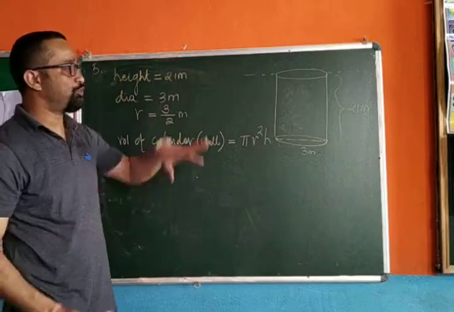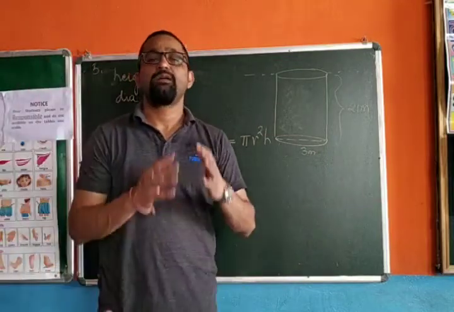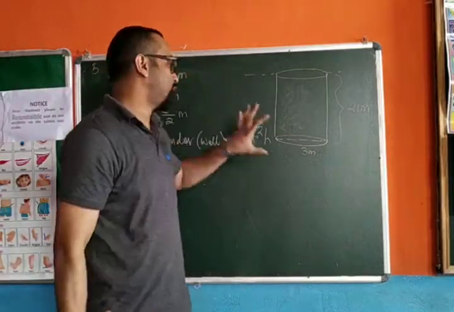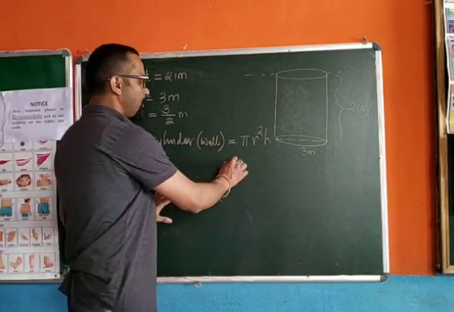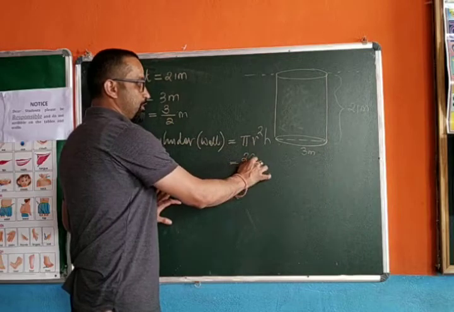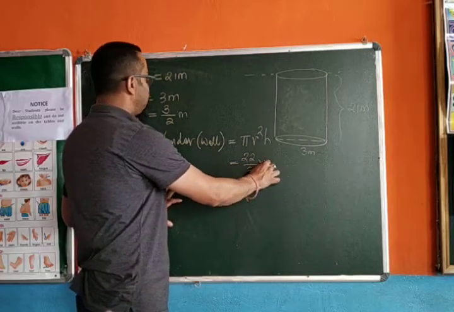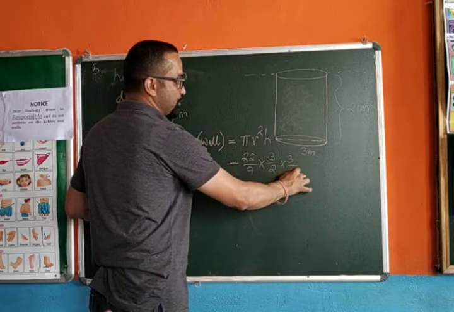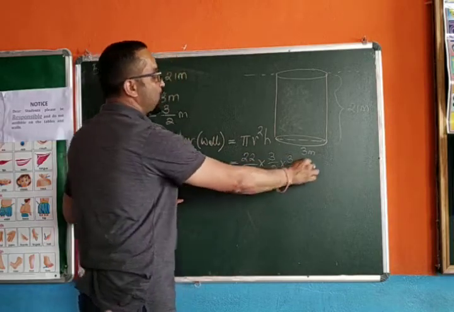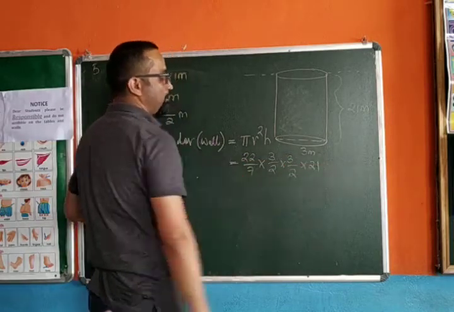I told you this whole chapter, mensuration, is based on formulas, so you need to memorize them. Pi is 22 upon 7, radius we got 3 upon 2, 3 upon 2 since it is square, so we write it 2 times, height is 21.